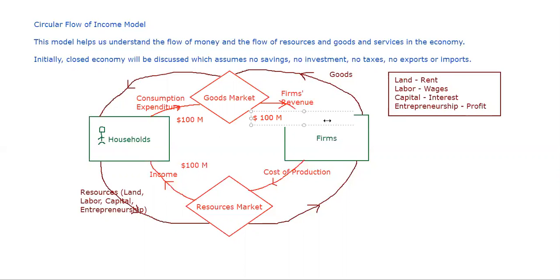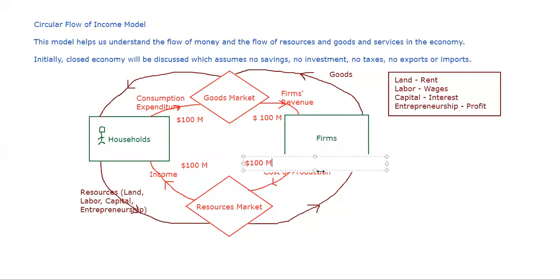And again, because the firms don't save money, the firms don't divert the money to investments, the firms don't pay taxes, the whole revenue of the firms will be spent as cost of production. So even that will look like 100 million.